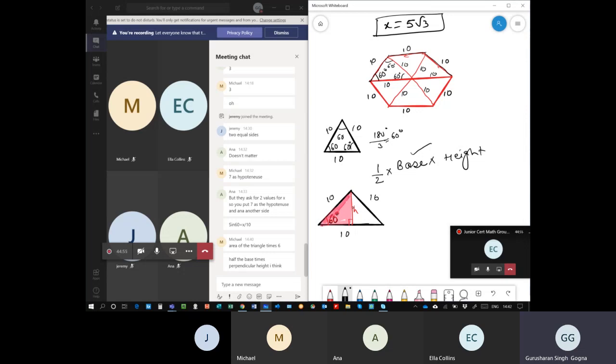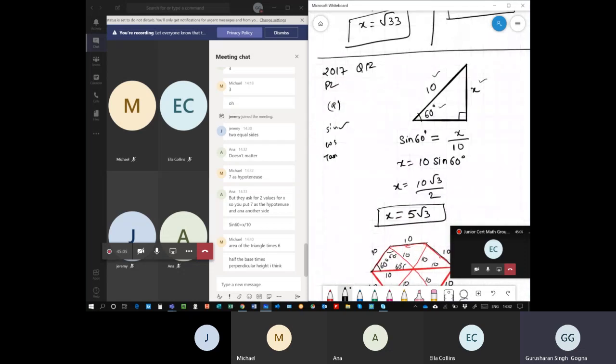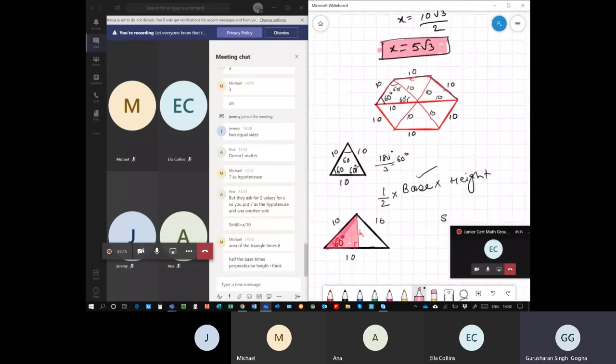So in a right angle triangle, I want the opposite side, which is h, and I know the hypotenuse, which is 10. I already got this in the previous part, and that is the reason they ask you this question before asking for the area. So the answer which we got here is actually the height of the triangle.